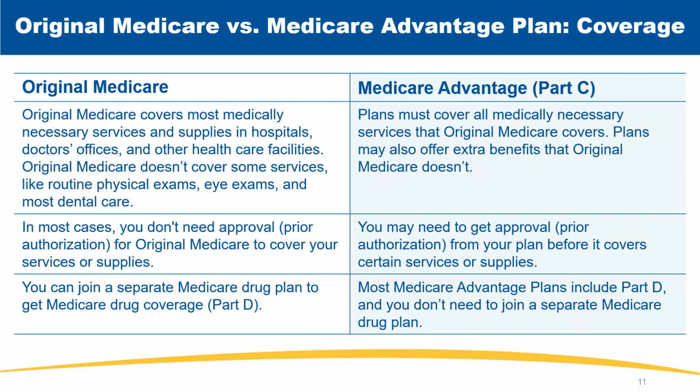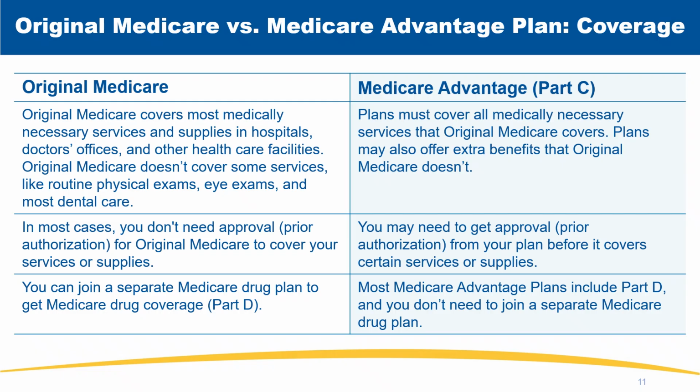In most cases, you don't need approval, prior authorization, for Original Medicare to cover your services or supplies. You could join a separate Medicare drug plan to get Medicare drug coverage, Part D. With Medicare Advantage, plans must cover all medically necessary services that Original Medicare covers.